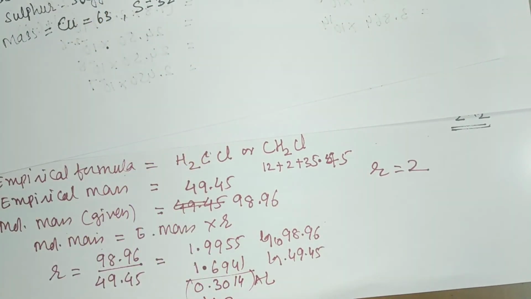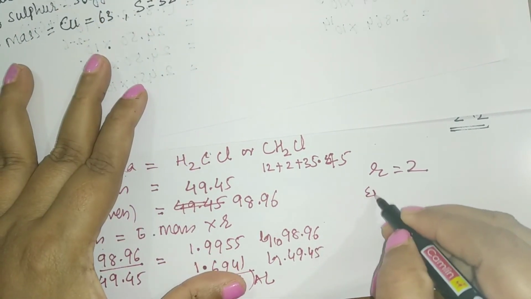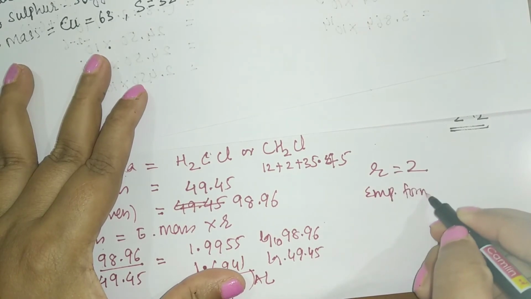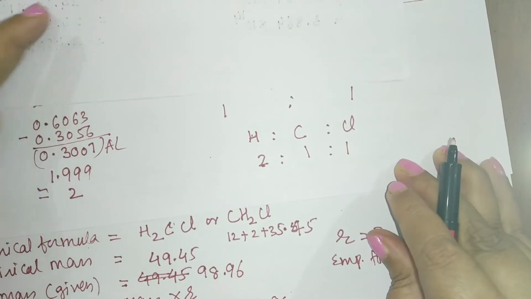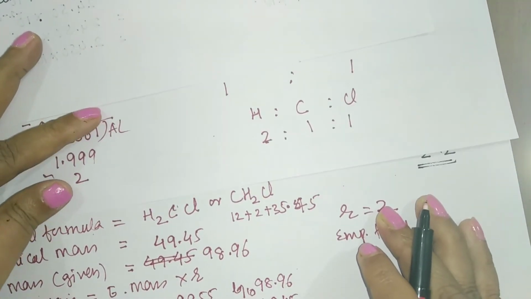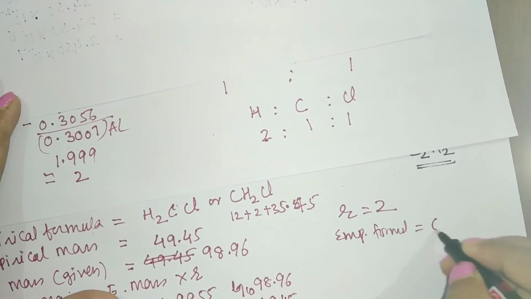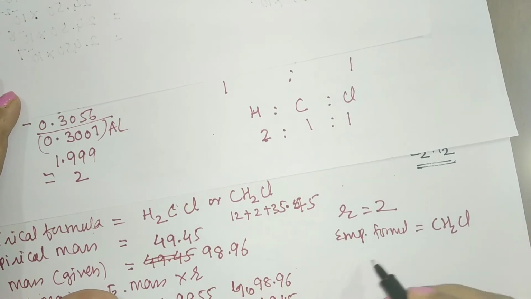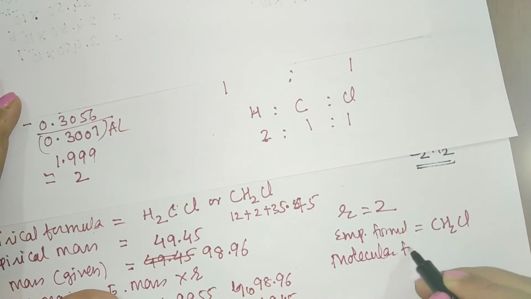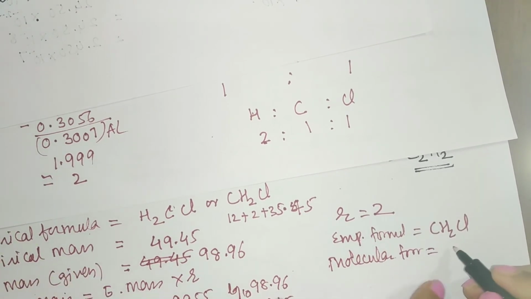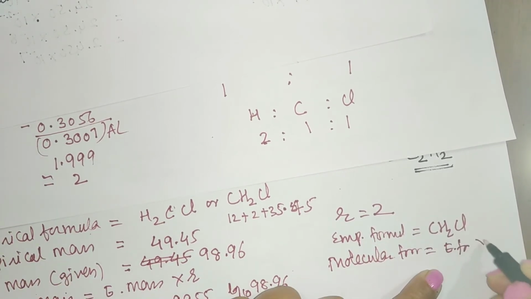Now when R is equal to 2, your empirical formula is CH2Cl. So the molecular formula is equal to the empirical formula into 2.